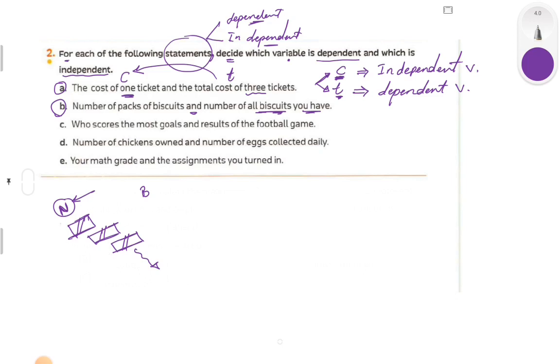Now which one depends on the other? Of course the number of biscuits you have depends on the number of bags. That means if I have one bag, I have 2 biscuits. If I have 2 bags, I have 4 biscuits. If I have 3 bags, I will have 6 biscuits.